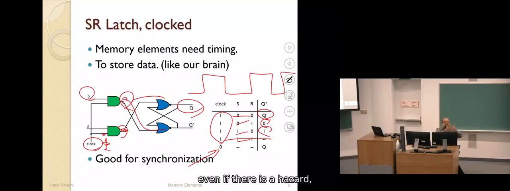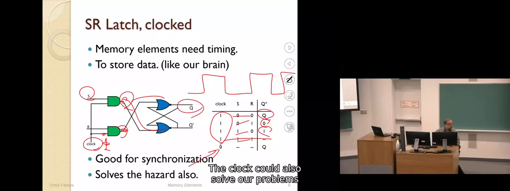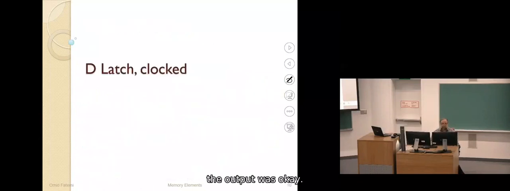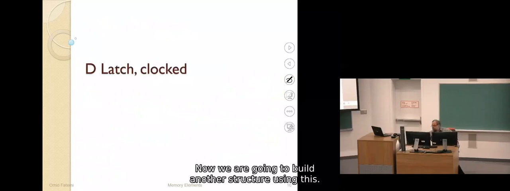So even if there is a hazard, the circuit gets a glitch and then comes back to the expected value that we want. So the clock could also solve our problems of hazard. At the clock points, we look at the circuit, and by that time we have actually passed the hazard. You remember, the hazard was, for example, for 4 nanoseconds, but after that, the circuit was okay. The output was okay.